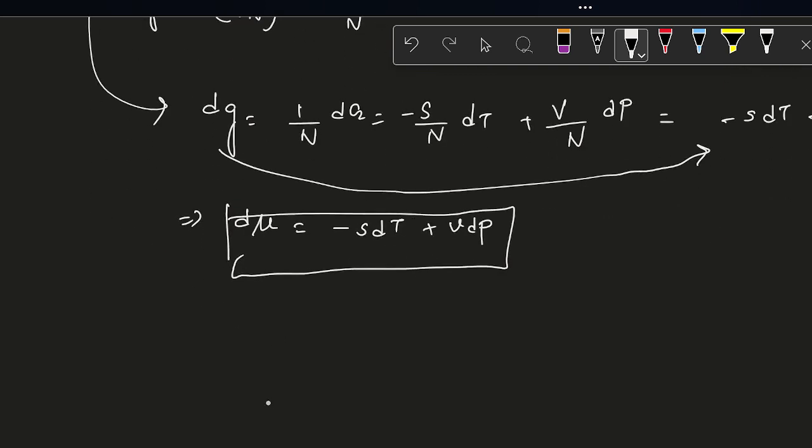The crucial factor here is that when two phases are in equilibrium, their chemical potentials also maintain a balance.